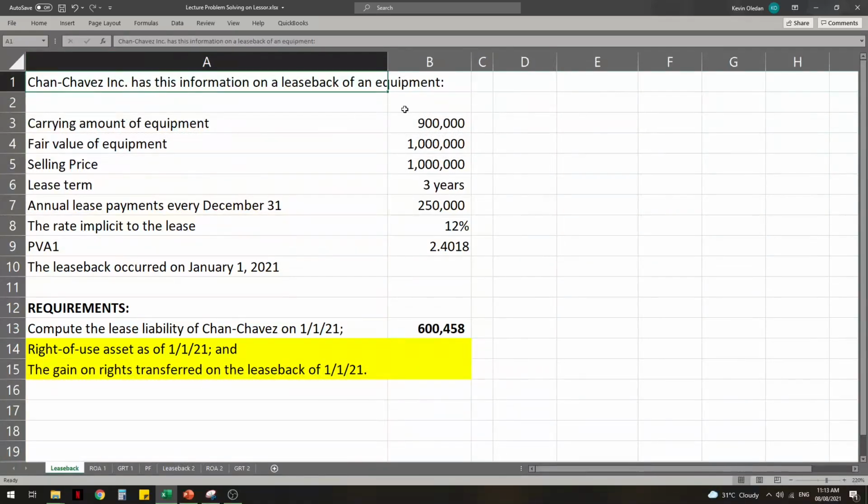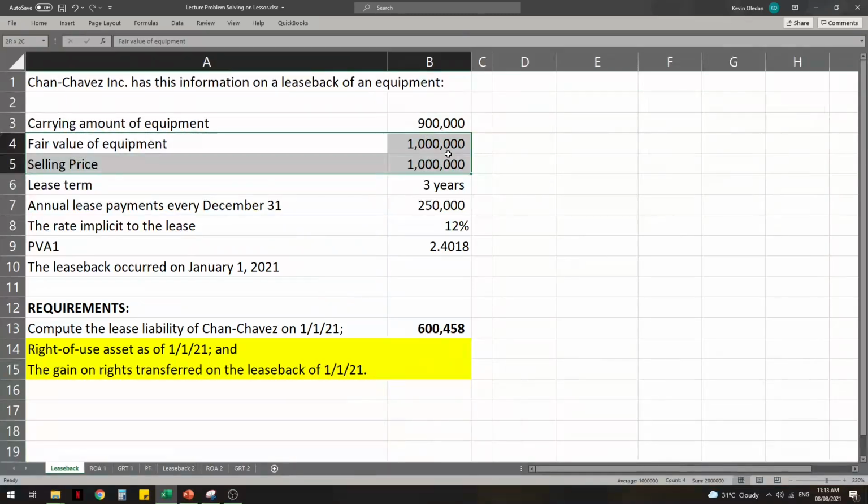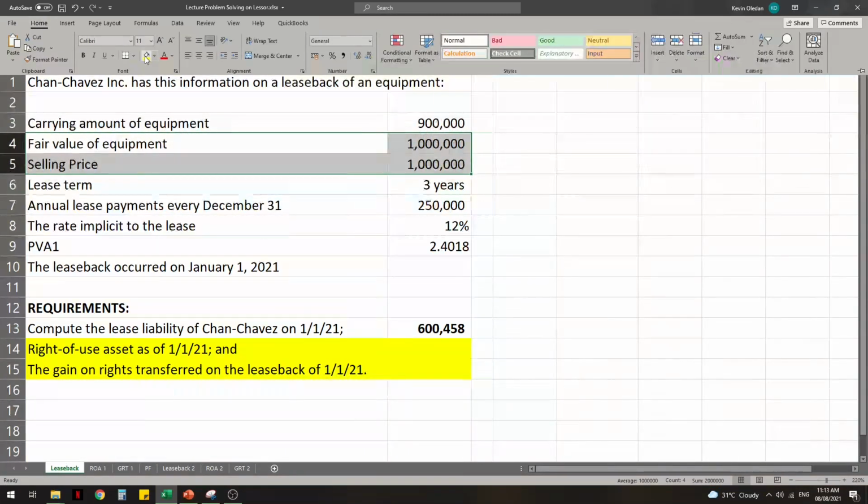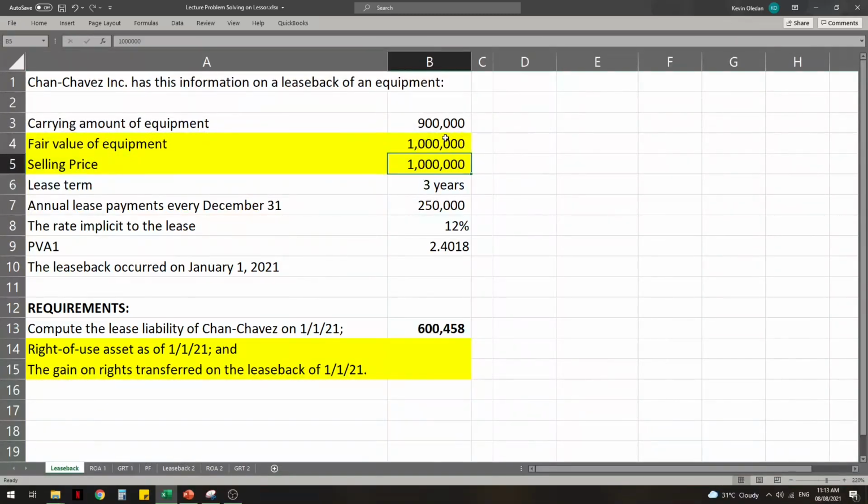Chan Chavez Incorporated has the information on a leaseback of an equipment. The requirements are down below. Inuna ko na po kanina, pero balik tayo sa taas. The carrying amount of the equipment is 900,000. The fair value is 1 million. The selling price is also 1 million. Okay? Once you stumble upon these pieces of information, guys, fair value of the equipment and selling price, it is very important to keep in mind if they are equal or not equal.